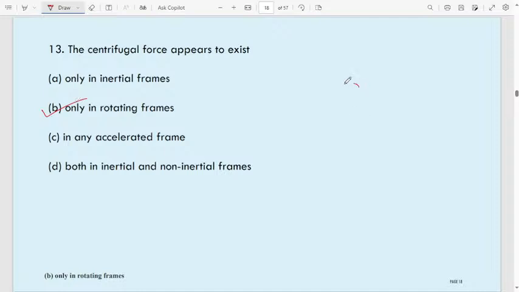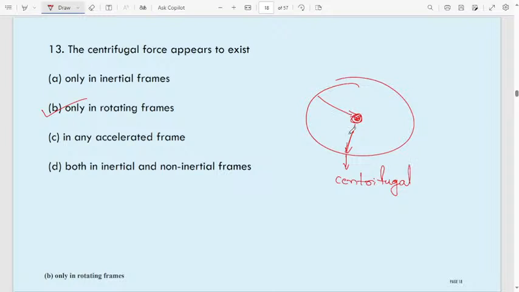See, consider this is the circle, and this is the center. This is the centripetal force, acting towards the center. I am talking about the centrifugal. This force is the centrifugal force. This force is acting outside the center of the circle.